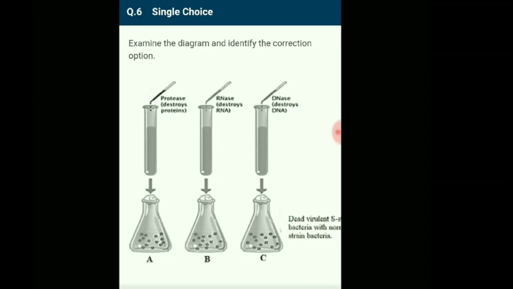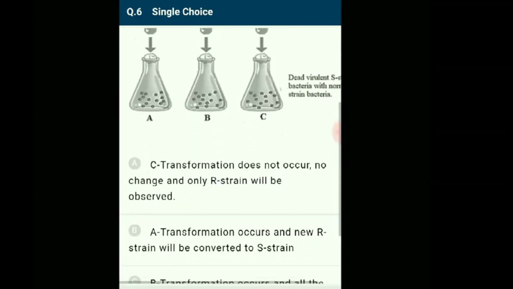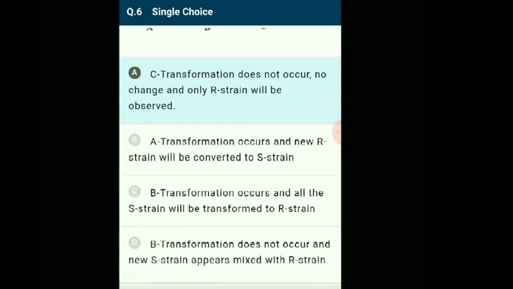No change and only O cells will be observed. This is because the transformation principle tells that DNA is the genetic material that transforms the O strain to A strain, and with DNase treatment the DNA gets degraded and thus no transformation. So the answer for this question is option A. C. Transformation does not occur, no change and only O strain will be observed. So that is the correct option.